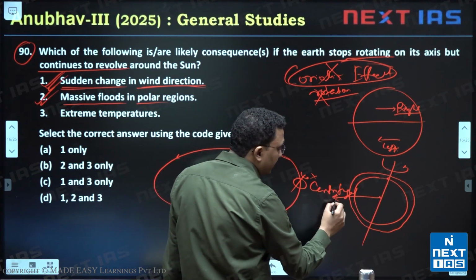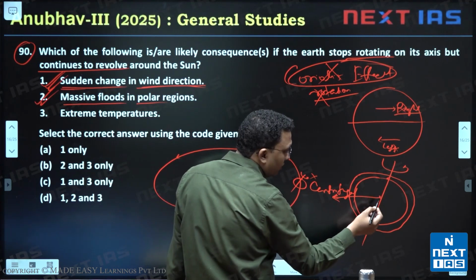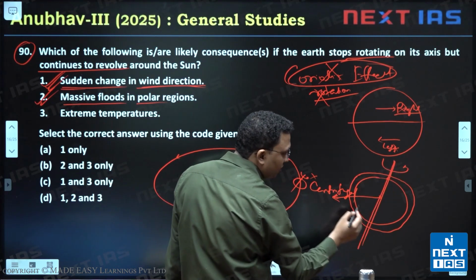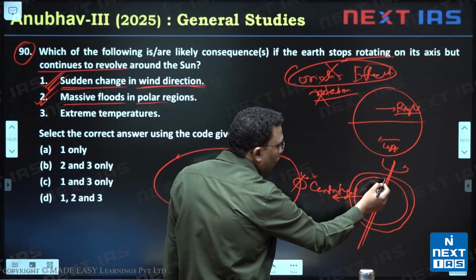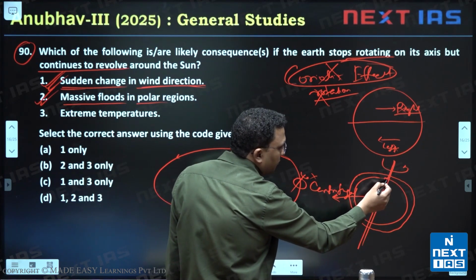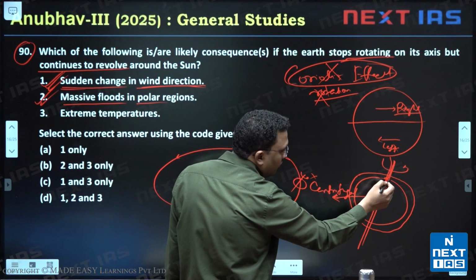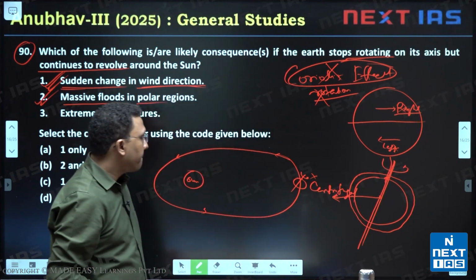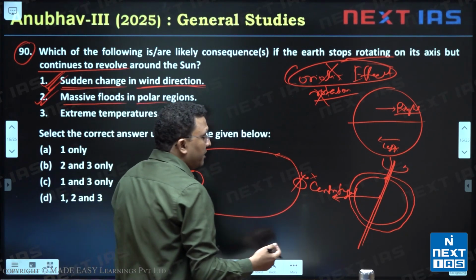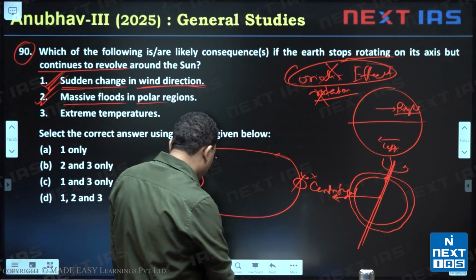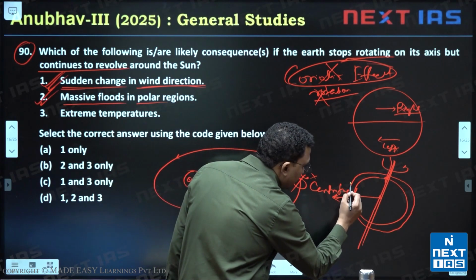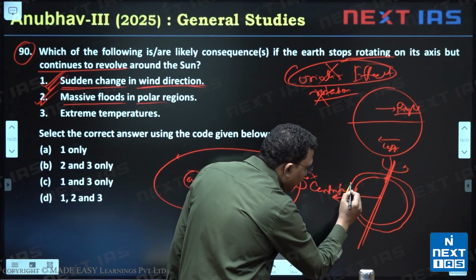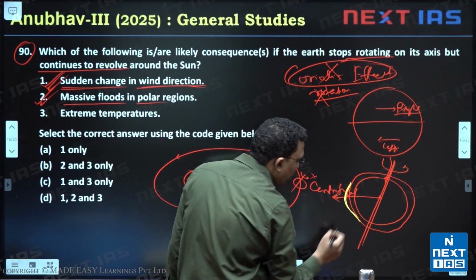The amount of centrifugal force actually depends on the distance from the axis of rotation. So it is maximum at the equator and lowest at the pole, because the pole lies on the axis itself, right? So because of high centrifugal force on the equator, the water near the equator gets a bulge, basically it rises upwards, right?